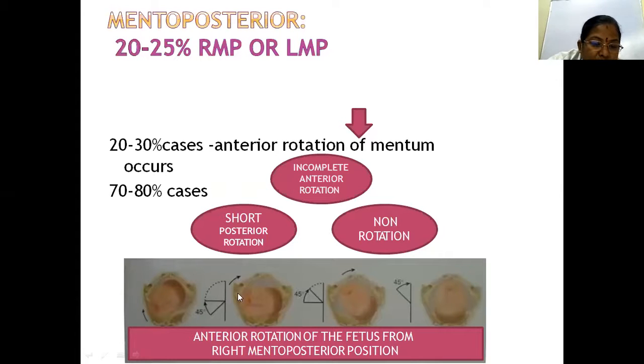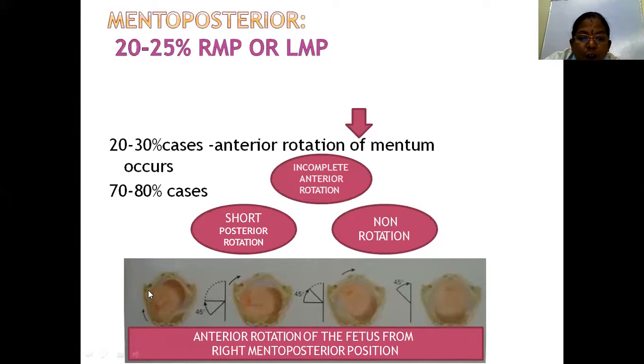So here you can see this is a mento posterior position. It can turn either like the same occipito anterior. In 20 to 30% of cases there will be anterior rotation. A long anterior rotation will be 3/8 of the circle, and it will come as mento anterior and deliver.